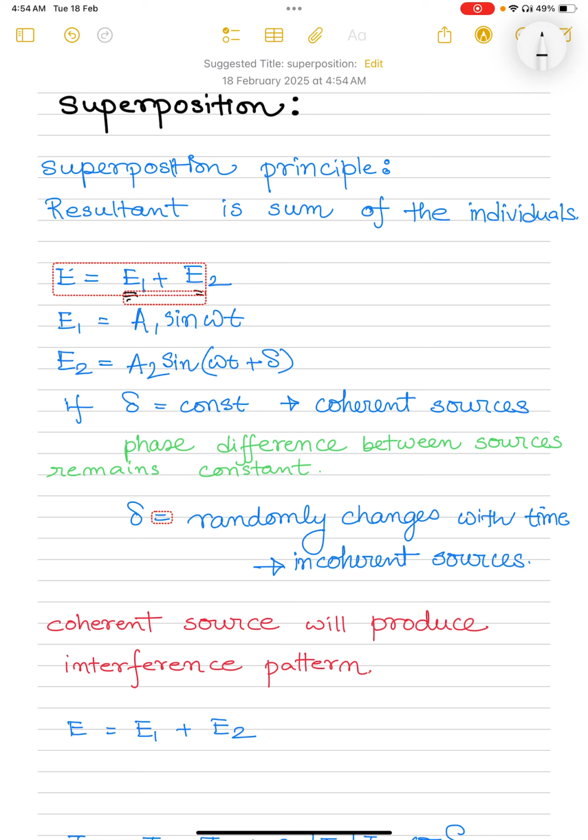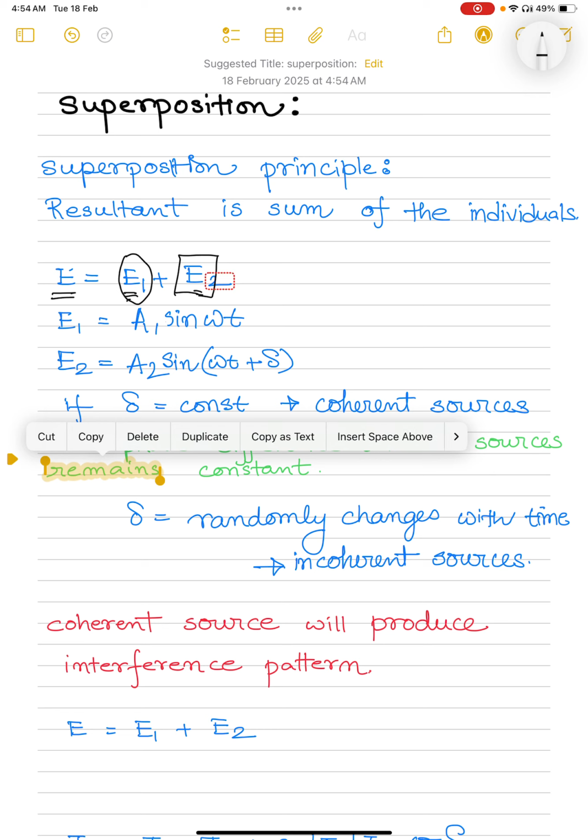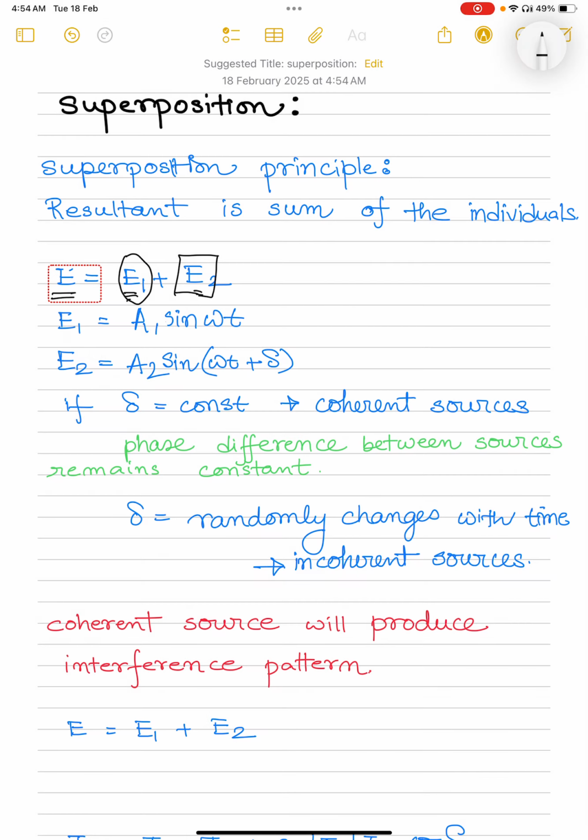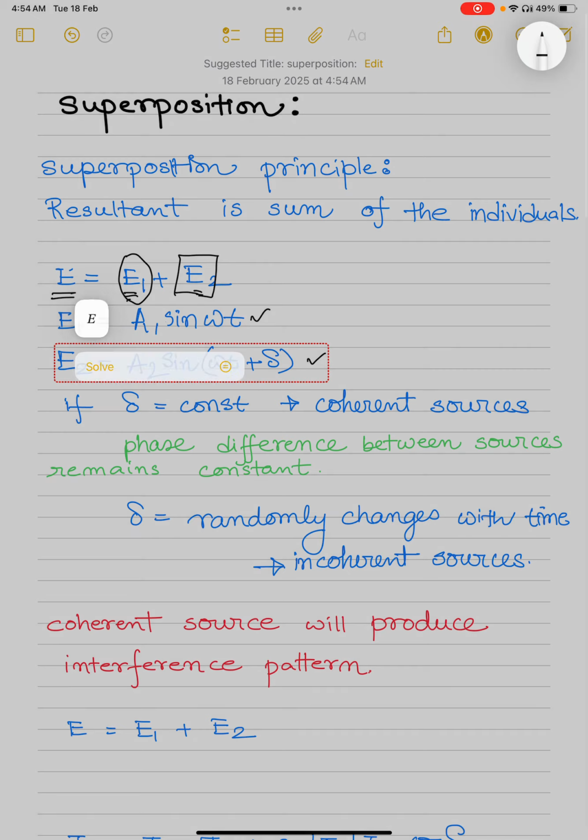Now suppose only source 1 is present, then the electric field at that point will of course be E1, and if only source 2 is present, then the electric field will be E2. Now if both of the sources are present, then the electric field will be E, which equals E1 plus E2. Fine. Now suppose E1 is A1 sine omega t and E2 is A2 sine (omega t plus delta).